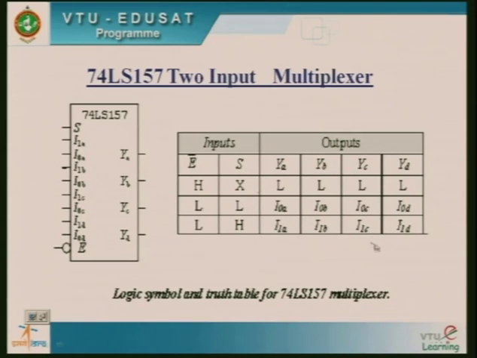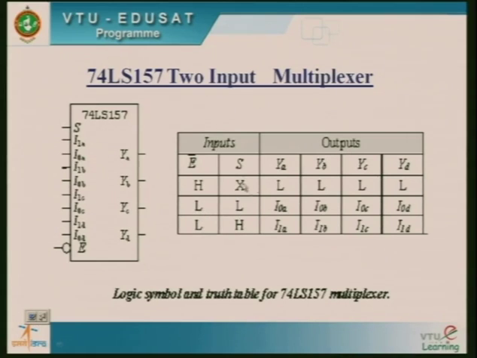The other set of inputs is generated when the selection line is high. So at the output side you will get I0A, B, C and D, I1A, B, C and D based on selection line 0, selection line 1, and enable as active low.